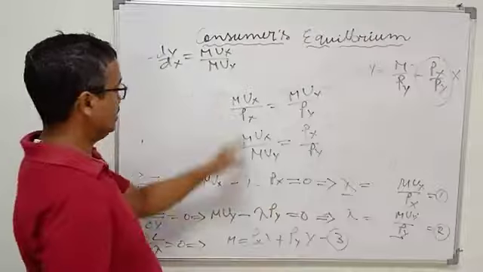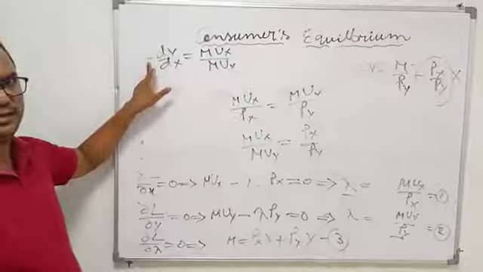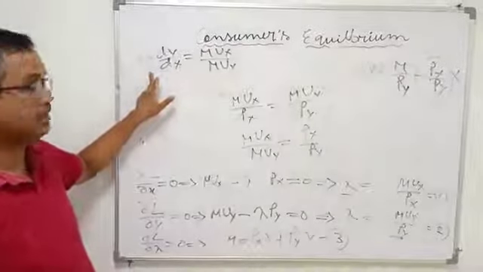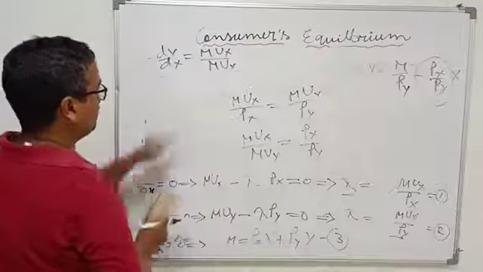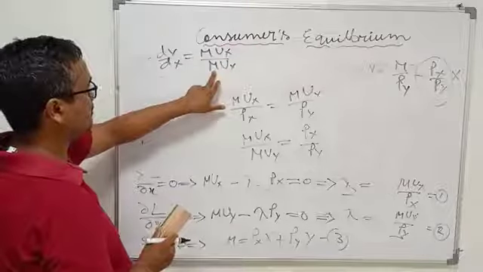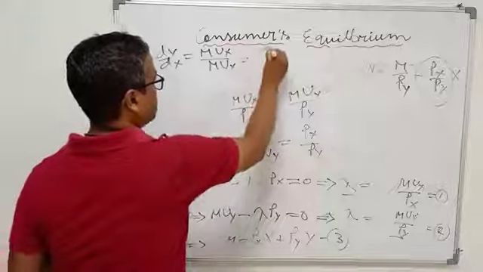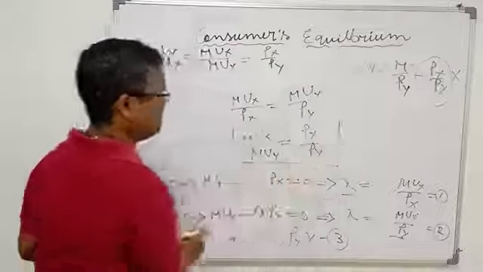So this px by py is the relative price. Remember, earlier we derived this while analyzing the relationship between utilities and the indifference curve. Now here again, instead of marginal utility of x by marginal utility of y, we can equate this to price of x by price of y, because we have derived it from the Lagrangian function.